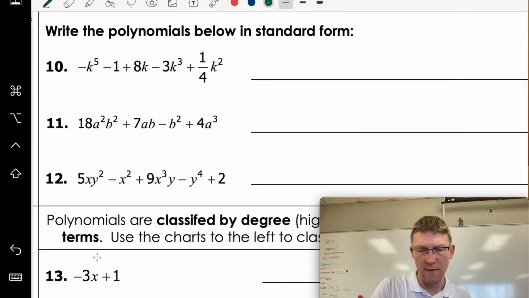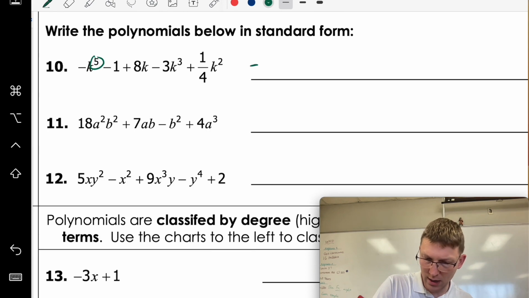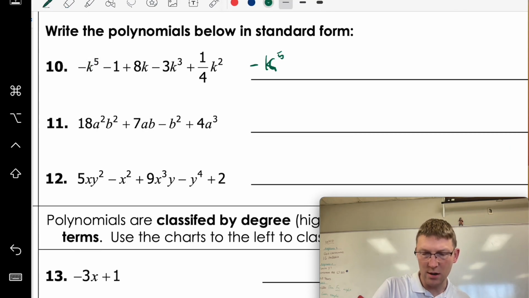I look at number 10, 5 is my biggest, so I'm going to put negative k raised to the 5th power. And we don't care about negatives when writing in standard form. So I don't see a k to the 4th. I do see a k to the 3rd. Oh, there's a 3 there.